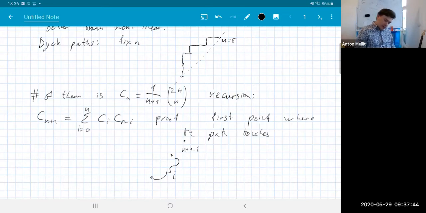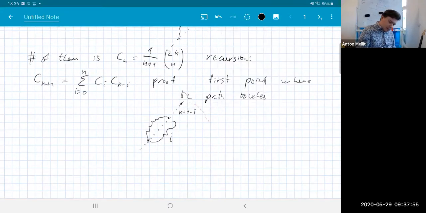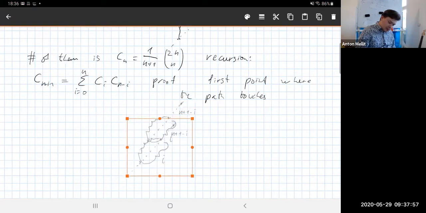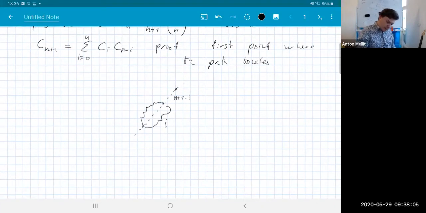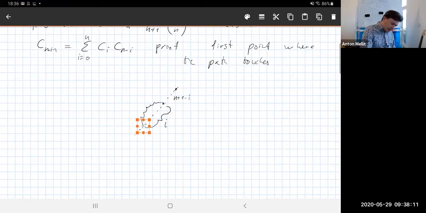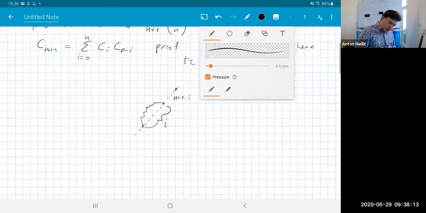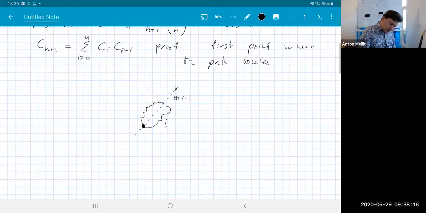Here is my diagonal, this is the beginning point, this is the end. And then here, in this area, the path does not touch.